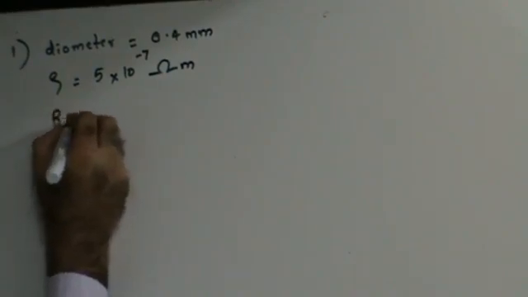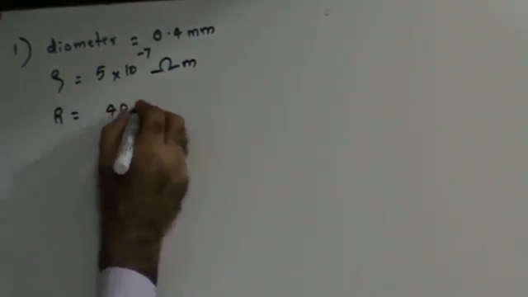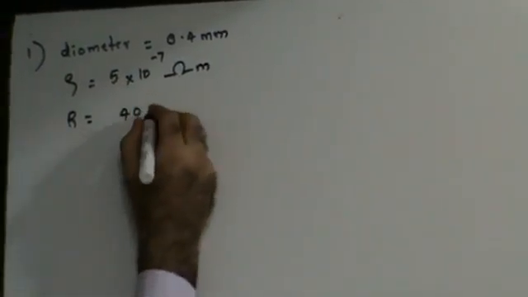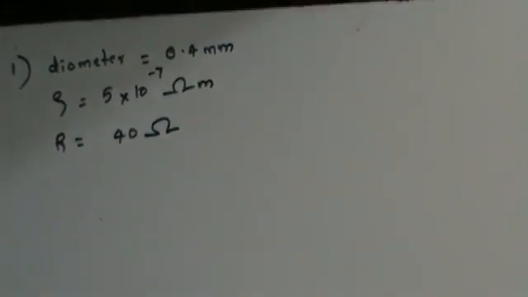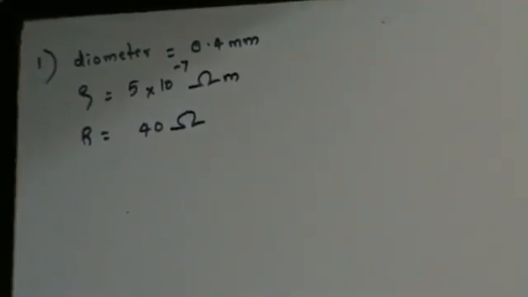If the resistance is 40 ohms, find the length of the conductor.